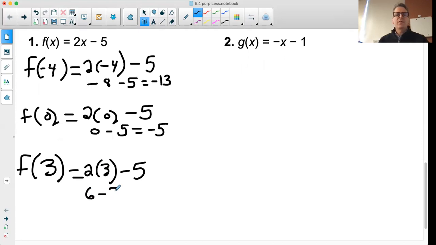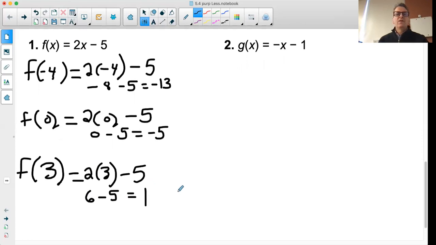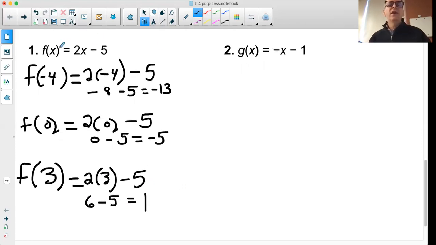So what you just did there is you evaluated the function f of x, which is 2x minus 5. You evaluated when f at x is -4, f at 0, and f at 3. Okay, so this is function notation, and all it simply does is replace the y. You can see none of the y is around.